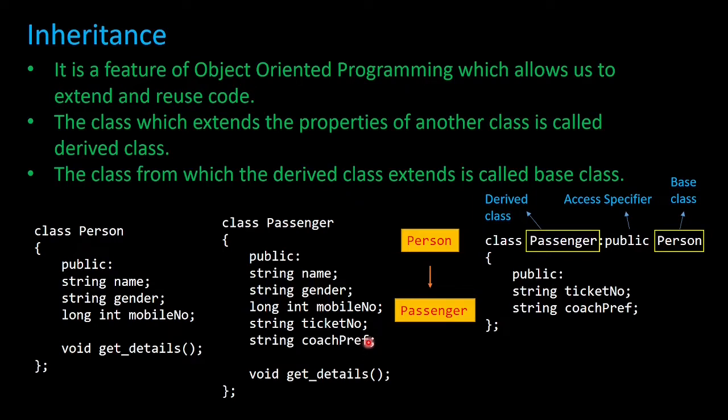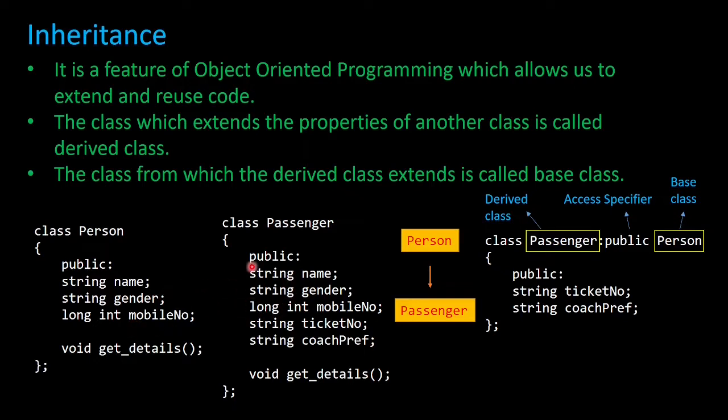That is to say that the class passenger has all the member variables and functions of the class person. So string name, string gender, long int mobile number are present in class passenger along with string ticket number and string coach preference. Also, the member function for both of these classes is the same.